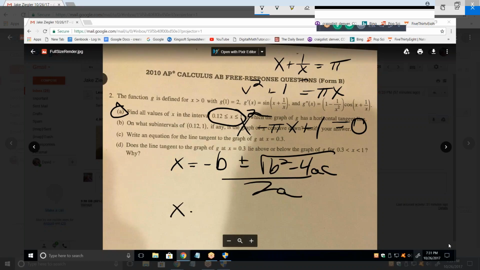So we plug it in. Minus b is pi, right? First of all, do you understand where that's a quadratic equation? Remember, pi is just a number. It's 3.14.